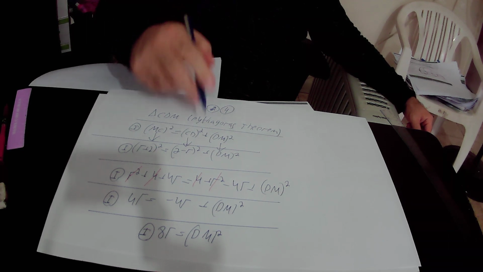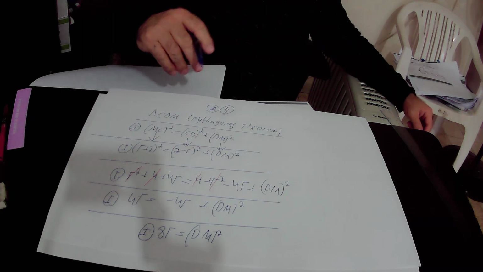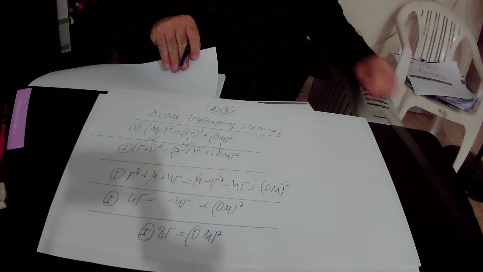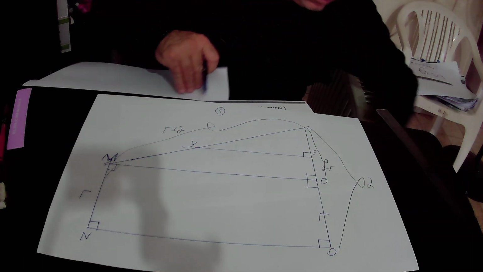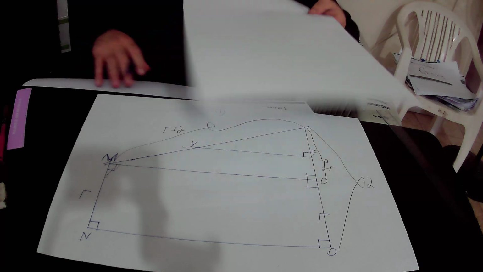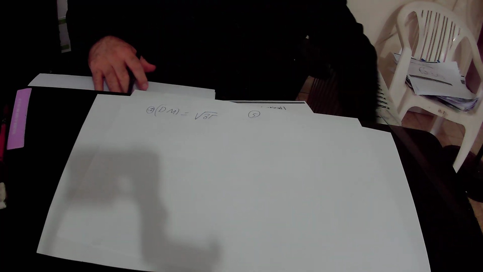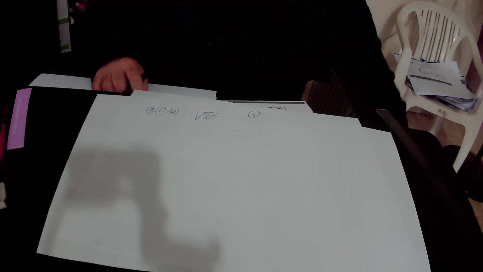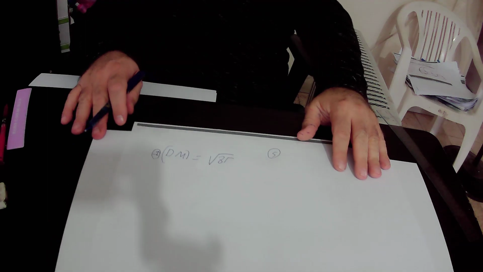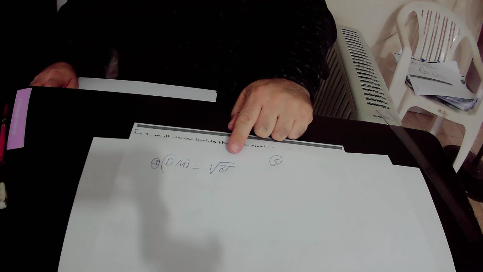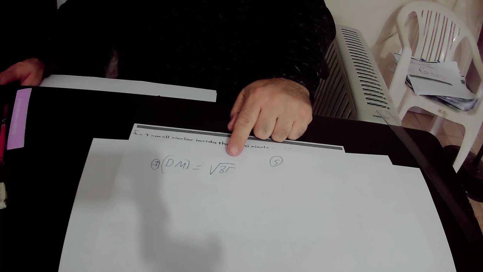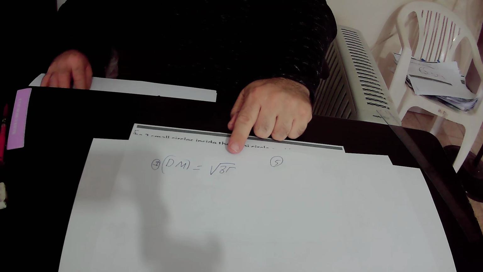Okay, we took a root out of this equation, and we found out that DM equals the square root of 8R. 8 equals 4 times 2, so I write it down.